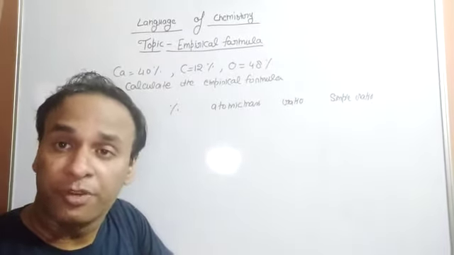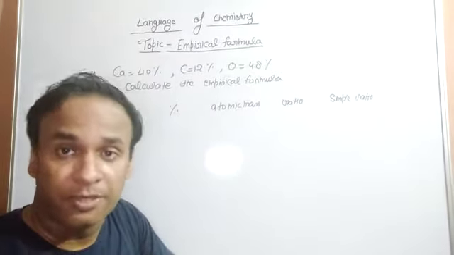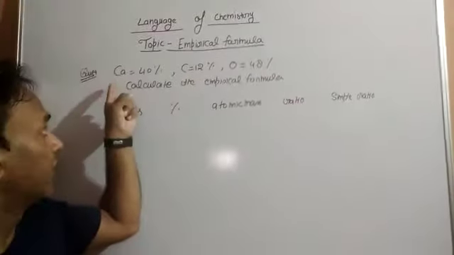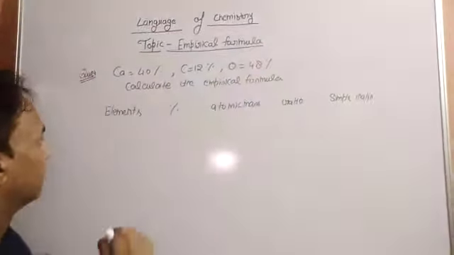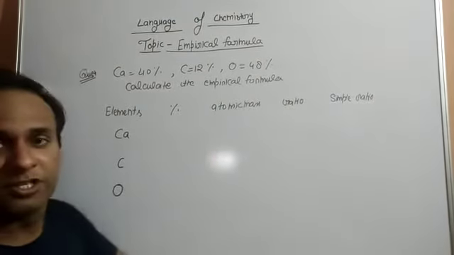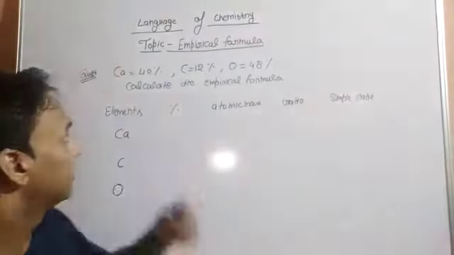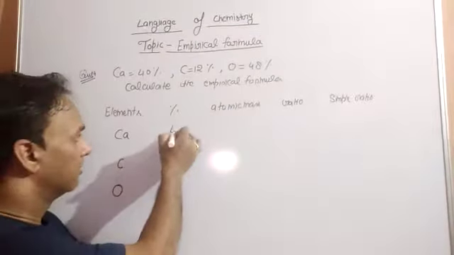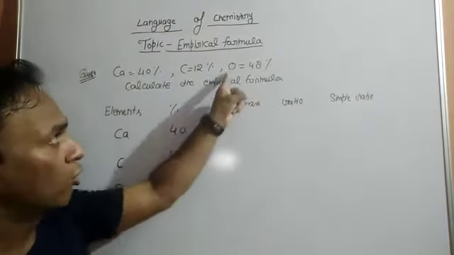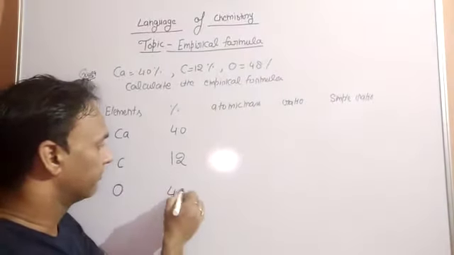Firstly we have to prepare a table. First column, elements: calcium, carbon, and oxygen. The given percentages are calcium 40%, carbon 12%, and oxygen 48%.